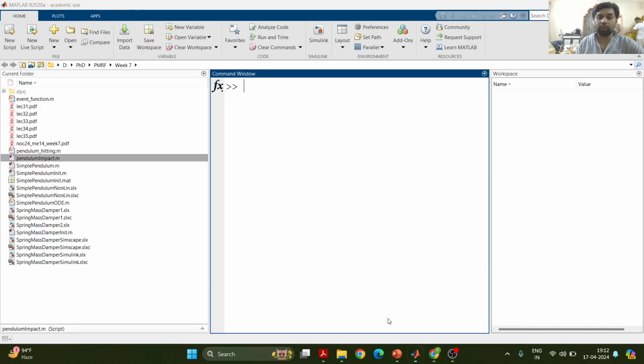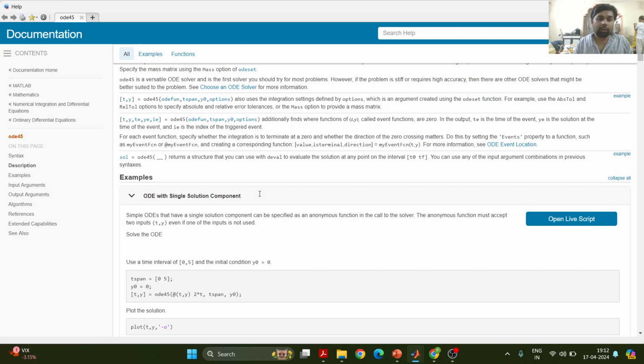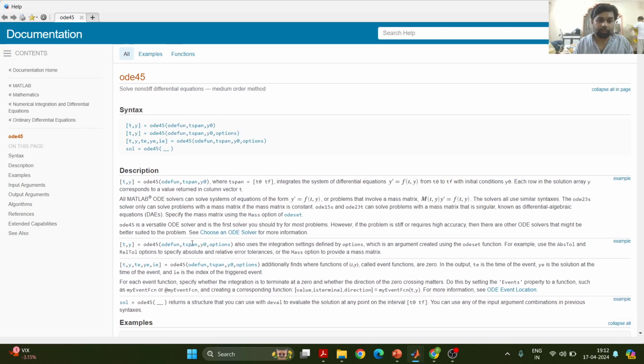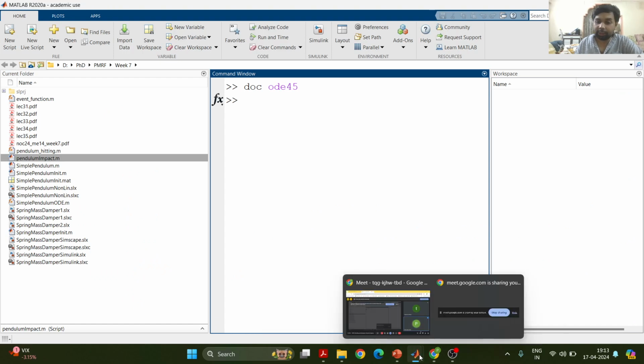If you go through the documentation for ODE45, we can get a clear idea. In the documentation, it is given that it integrates the differential equations in the form y dash is equal to f of t comma y. So it should be in the state space kind of form.